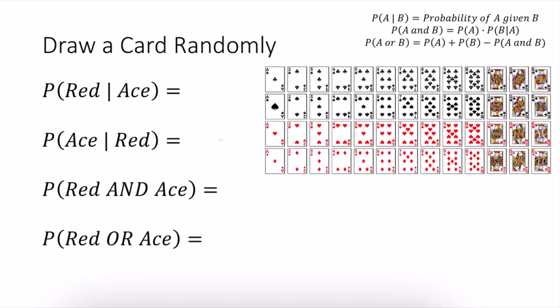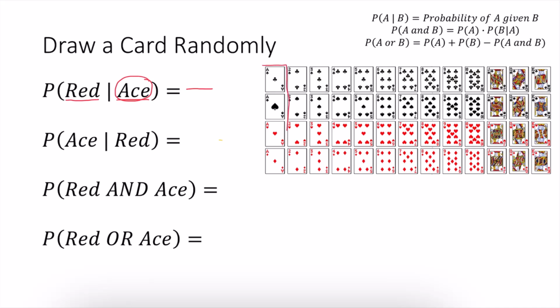On this first slide, we're asked to find 2 given probabilities, an and probability and an or probability. For the first one, if I'm asked to find the probability of choosing a red card, given that I draw an ace, the way I would think about this is, my assumption is that I choose an ace. So when I write out my fraction for the probability, the bottom number isn't going to be all 52 cards, because not all 52 cards are aces, and I'm assuming that I draw an ace.